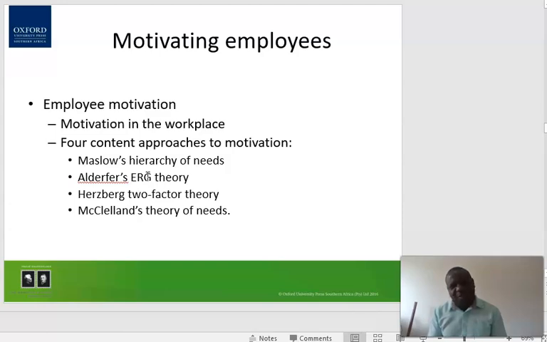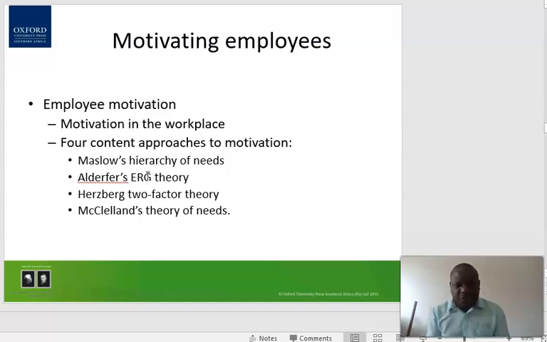That cannot motivate people, because anywhere else where they would work, they do not expect to die. So the motivating factors are those top level needs like your esteem needs and your self-actualization needs, or your growth needs as identified by Alderfer.